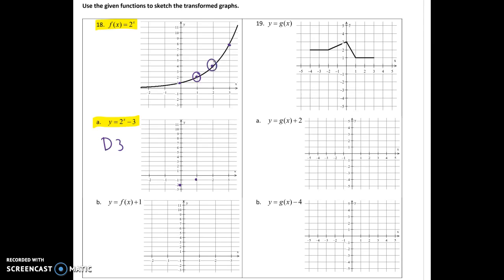And then 2, 4 is going to go down 3 and end up at 2, 1. And this point, 3, 8, is going to go down 3 and end up at 3, 5. So what else is going to go down 3 is the wall. So the wall is normally at the x-axis, when y is 0. So now the wall is going to go down here to negative 3. So just something you have to think about.